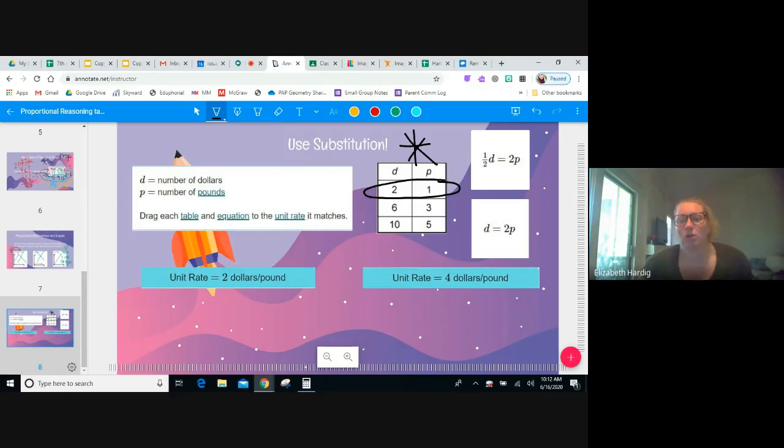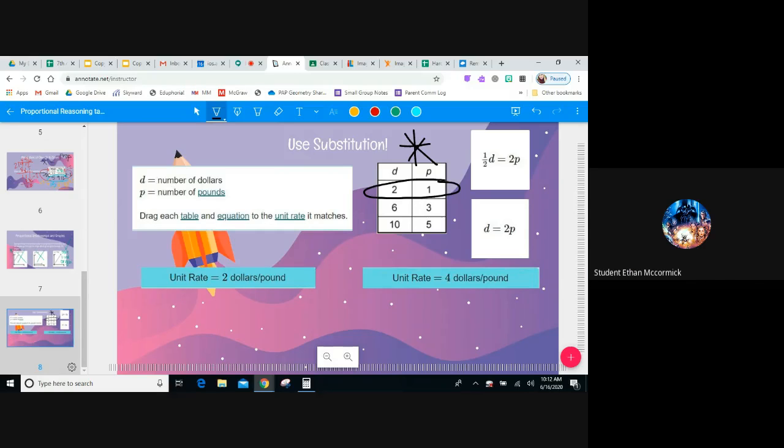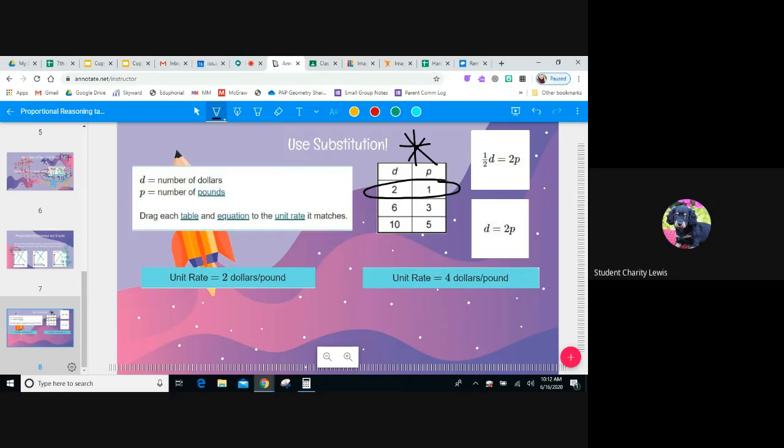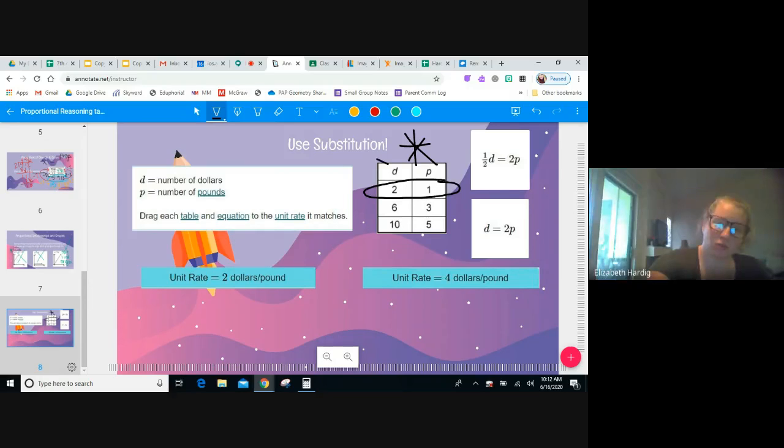How much does that table cost for 1 pound? $2. Good, $2 for that 1 pound. So then which column would it go in, the left or the right hand side? On the left side. Good, so I'm just gonna draw an arrow. It's gonna go over here.